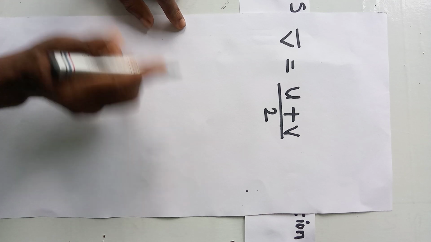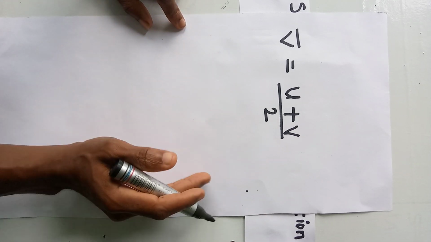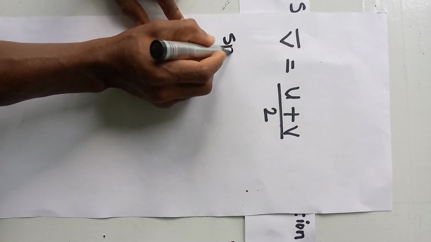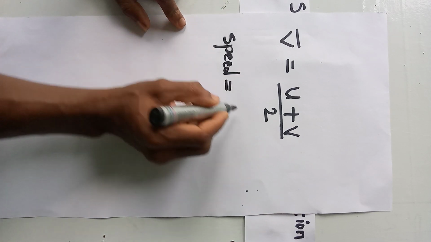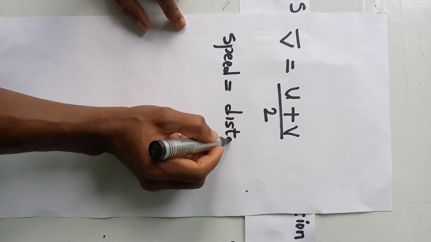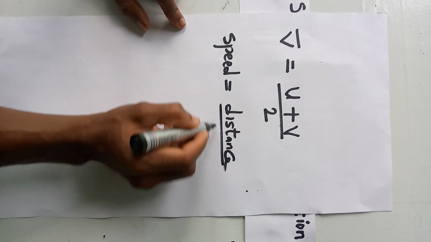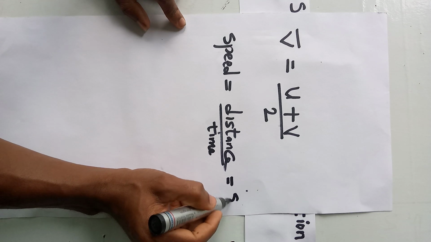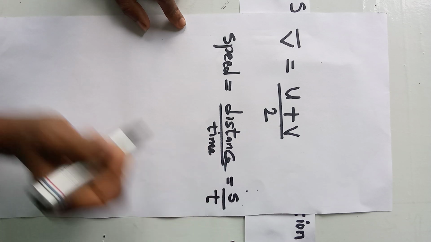Okay, and also average velocity is also known as speed, and speed, like we know, is equal to distance divided by time, which can be written as S over T.